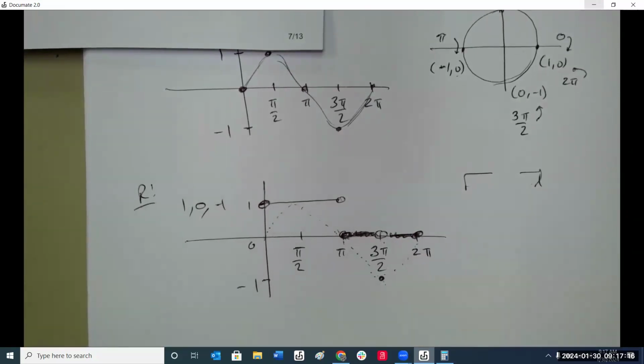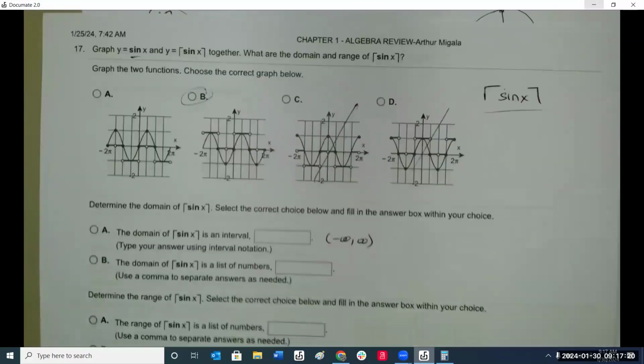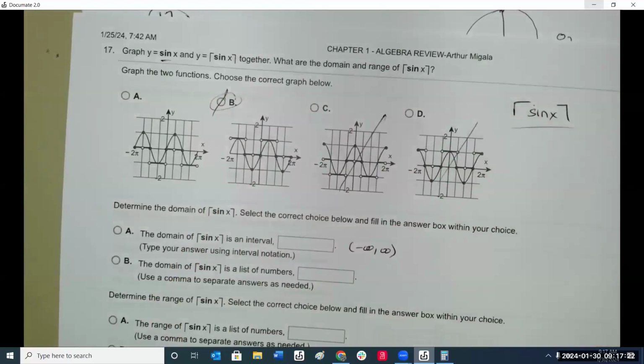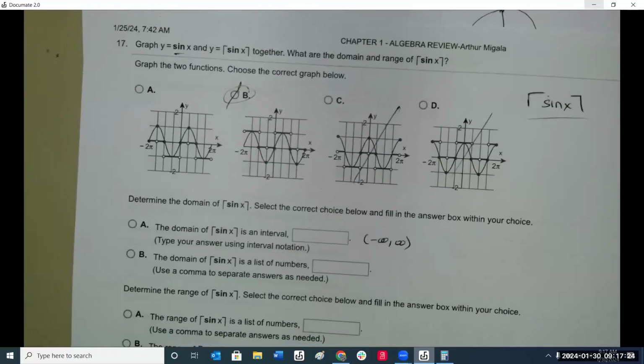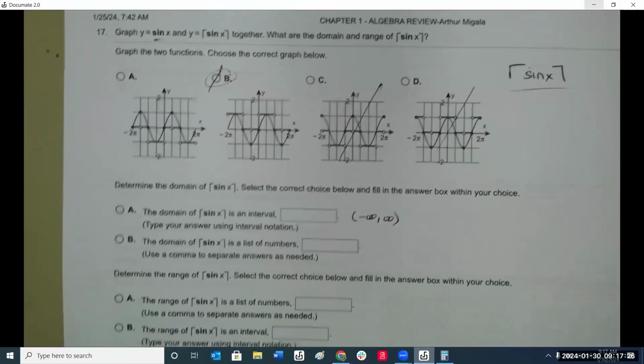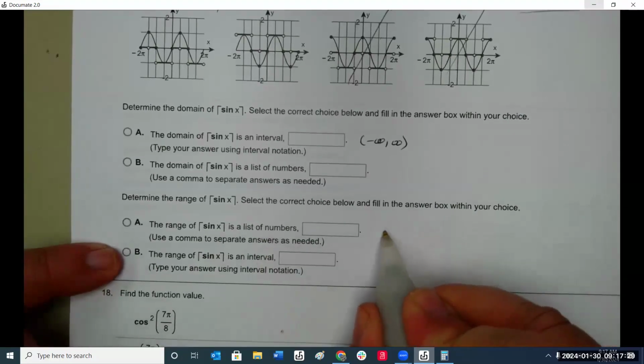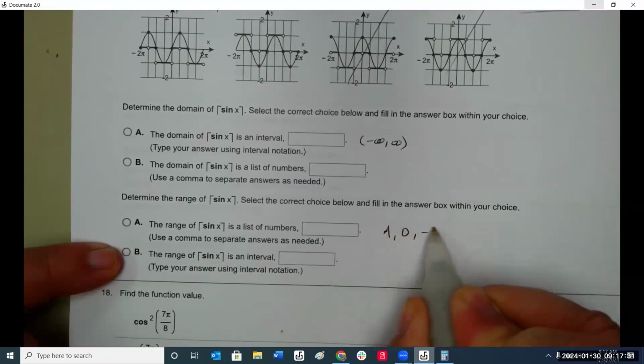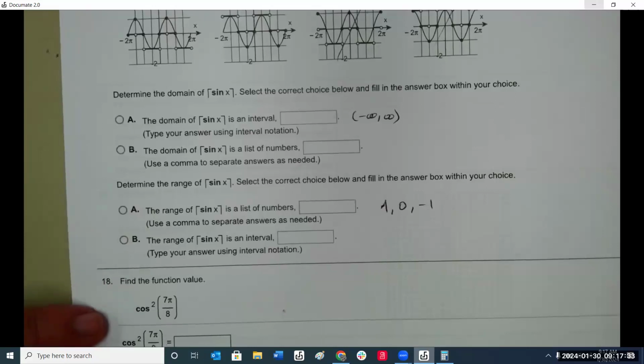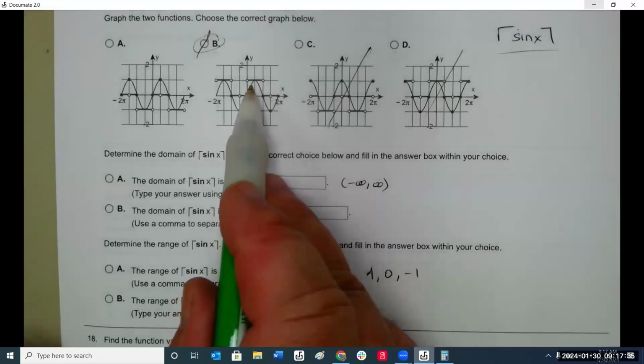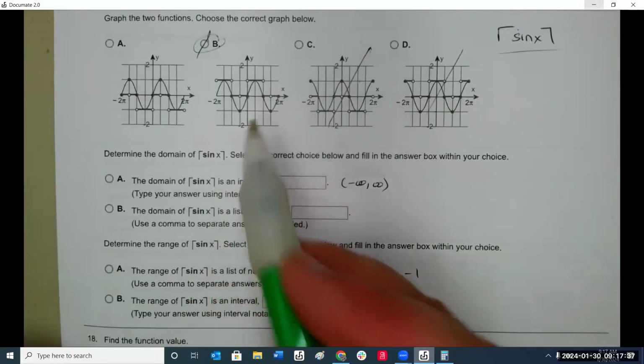But again, I will find out for you and define it better. I've never seen a symbol like that, but I'm saying that's what it means. It makes more sense that way. So this one is a list of numbers of 1, 0, -1. And that's what those lines there represent.